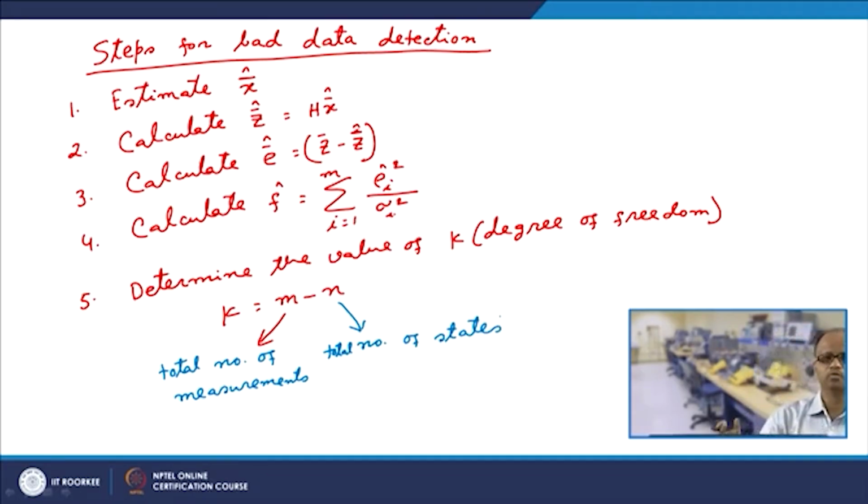We know the total number of states, and we already know how many meters I have put. So, k is equal to m minus n.